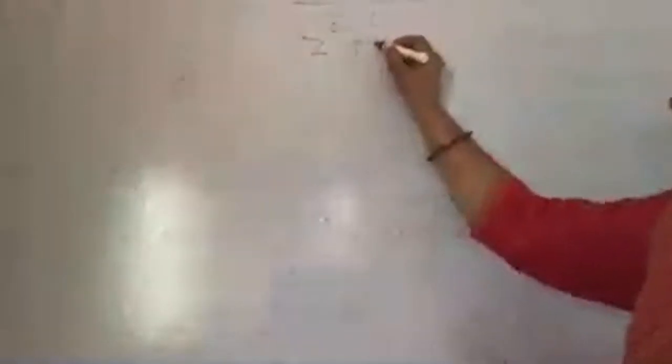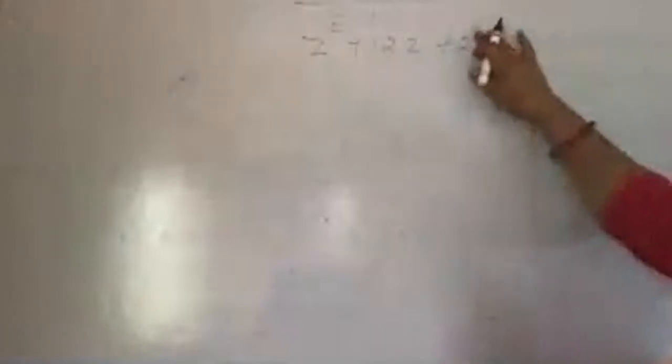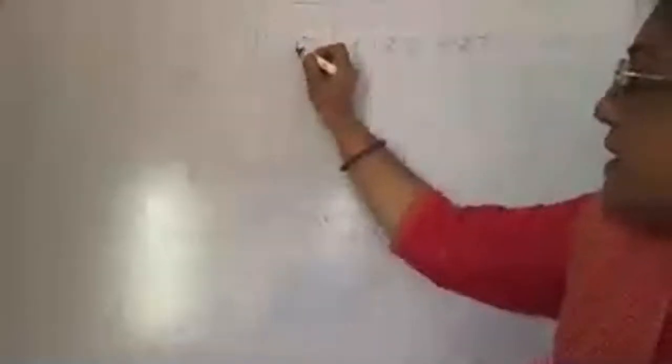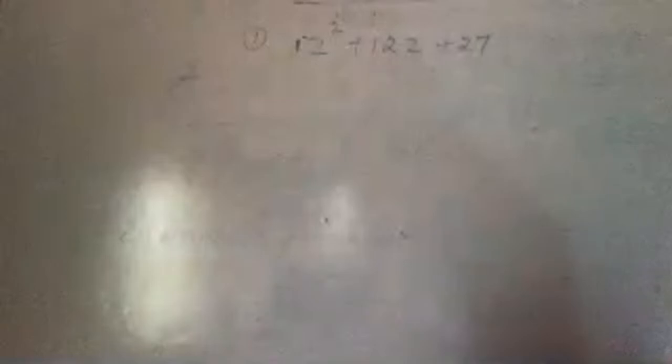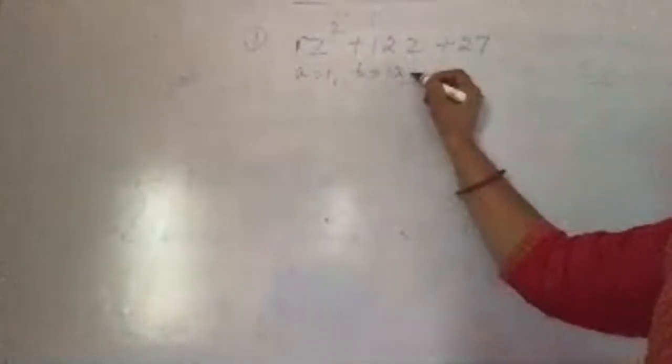After that, we have to break the constant term. Suppose I take an example: z square plus 12z plus 27. If nothing is there, that means the coefficient is 1. We have A is 1, B is 12, and C is 27.